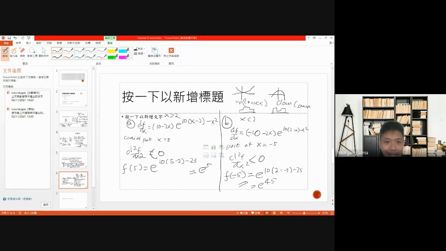Otherwise you can easily make the mistake of saying the answer will be at x equal 5, because it seems to be the maximum value: the second derivative is negative and the first derivative is 0. But as you know, this function doesn't have a derivative overall, so we must treat it on every domain. On every domain, it has a derivative.